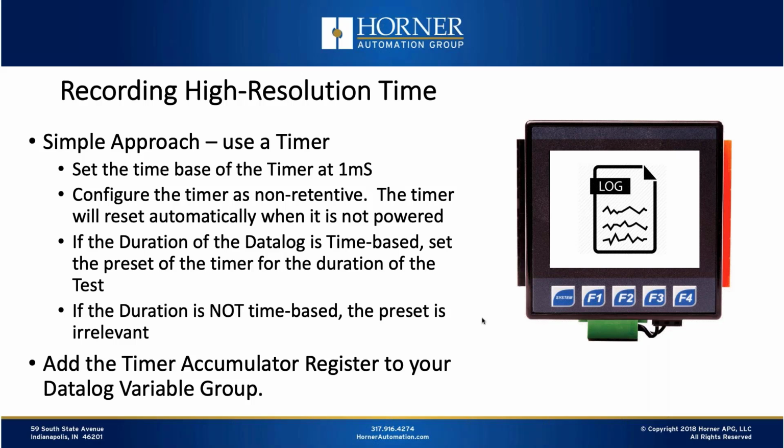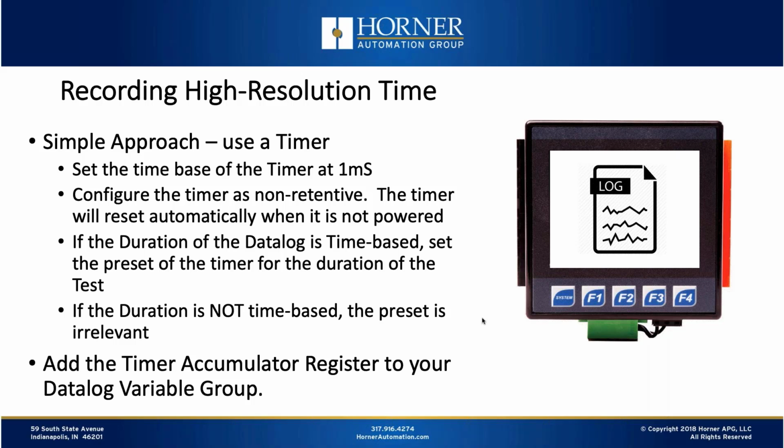And again, if the duration of the data log is time-based, in other words, I'm going to run a test, and let's say that test is going to run for X amount of time, let's say 5 seconds, then we can use that timer also to time the duration of the test, which is useful. And if the duration is not time-based, then it really doesn't matter where we set the preset for the timer.